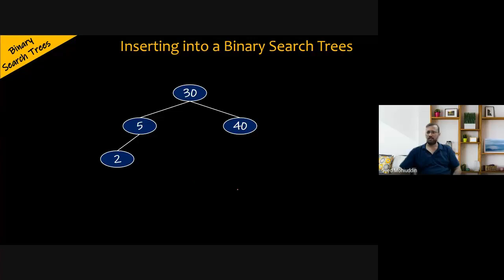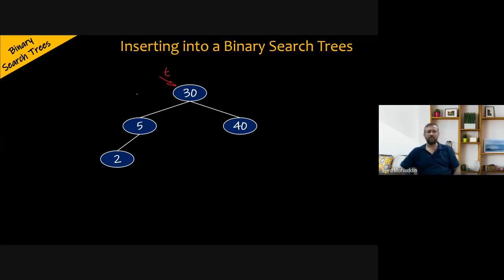Now let us look at inserting an element. Let's say element 80 in the binary search tree. Now the concept of inserting is that we start from the root node.